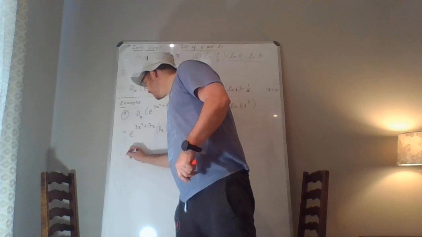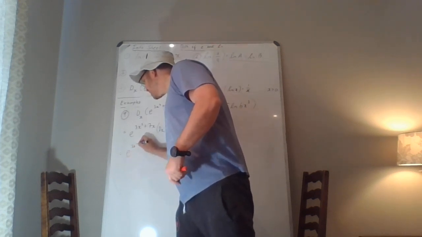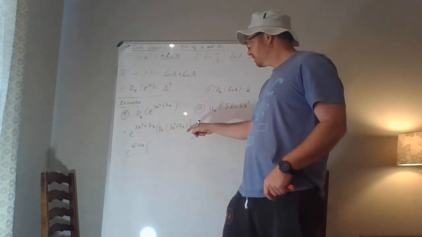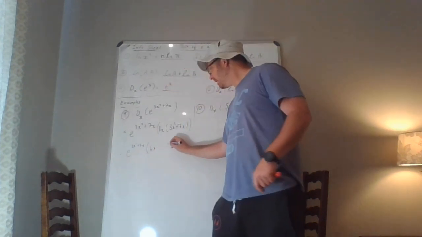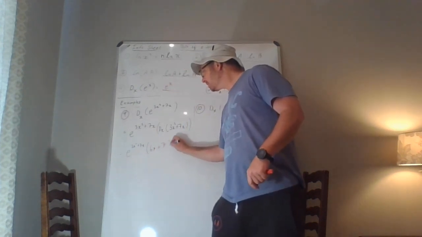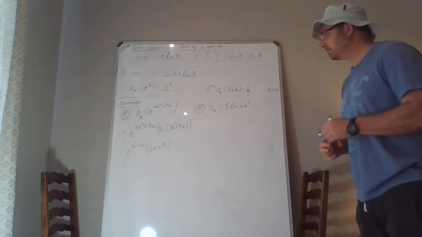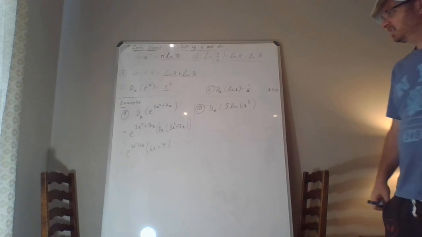So it's e^(3x² + 7x) times the derivative of 3x² + 7x, which is 6x + 7. So that's your final solution, (6x + 7) times e^(3x² + 7x). Okay?